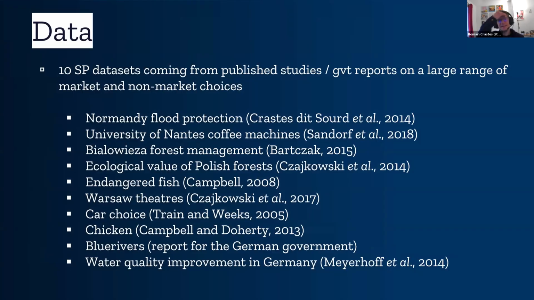So this is 10 stated preference data sets coming from published studies or government reports on a large range of market and non-market choices. So in addition to the Normandy flood protection, there are lots of different case studies related to coffee choices in Nantes, forest management in Poland, endangered fish species, the funding of Warsaw theaters, car choices, chicken choices, and improvement of water quality in Germany.